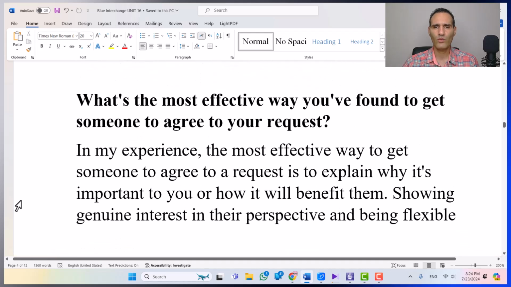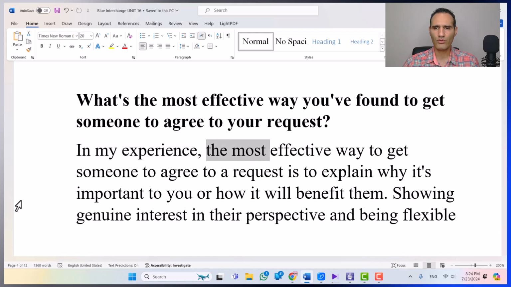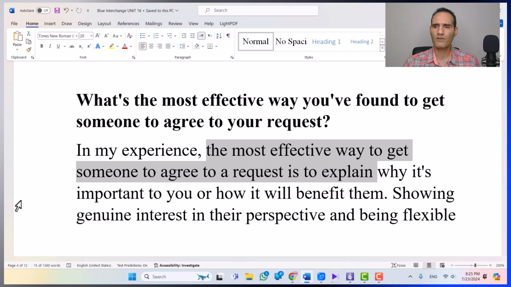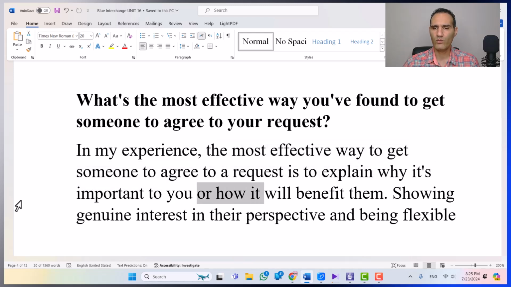So how can we make others agree to our request? In my experience, the most effective way to get someone to agree to a request is to explain why it is important to you or how it will benefit them. So explanation is the key. Explain why it is important to you, how it will benefit them.